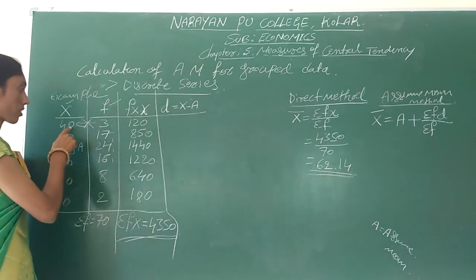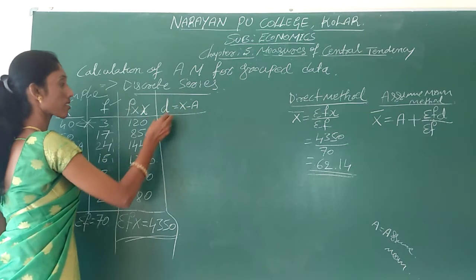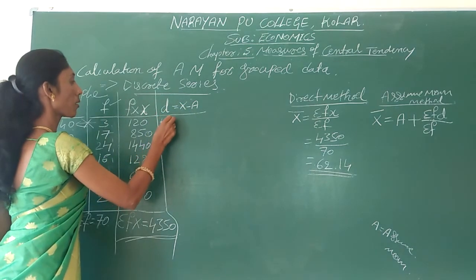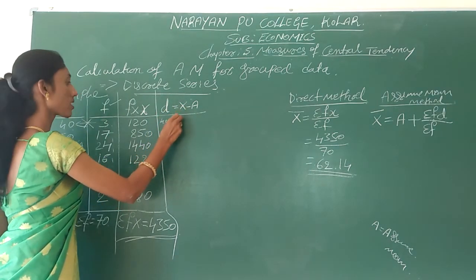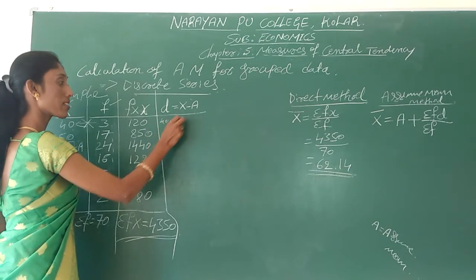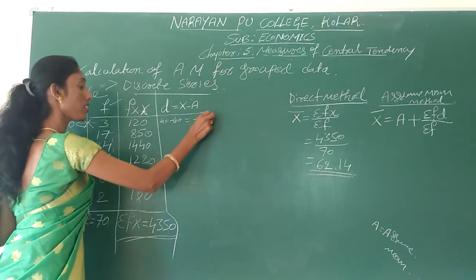Now, x is 40 and a is 60. 40 minus 60, we get minus 20.